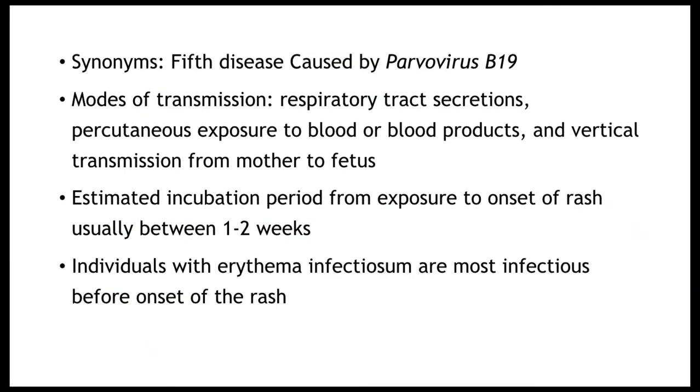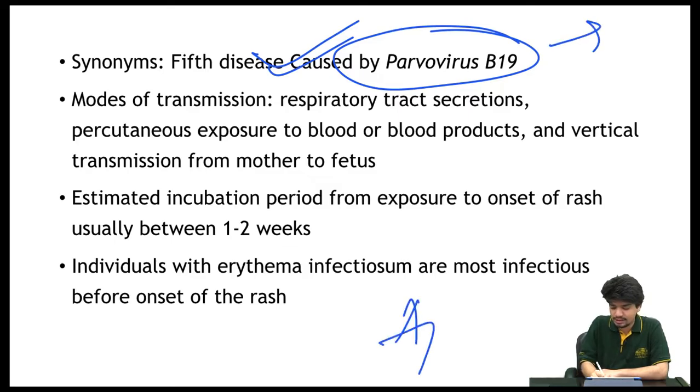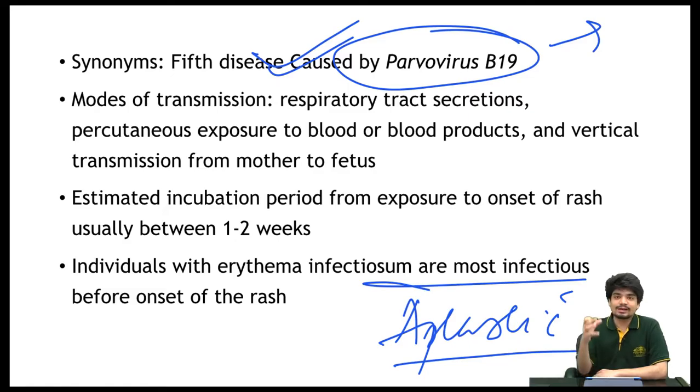What's more important for parvovirus B19 is that the typical illness, erythema infectiosum, is a self-limiting illness like other viral exanthems, but the complications are much more severe. What we typically know, and has been asked multiple times in entrance examinations, is that parvovirus B19 causes what is known as the aplastic crisis. It causes this aplastic crisis because it specifically affects red cell production.